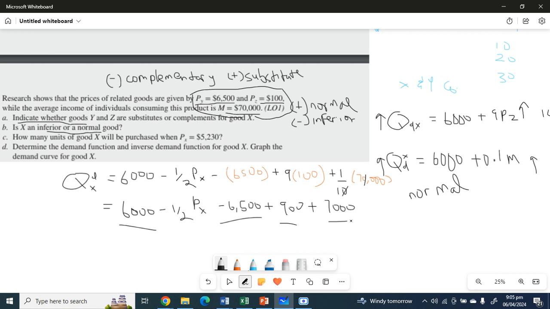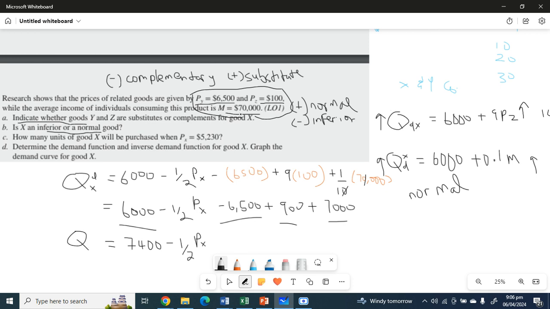We get 7,400. So when we simplify our demand function, it will be 7,400 minus half PX. This is our simplified version.